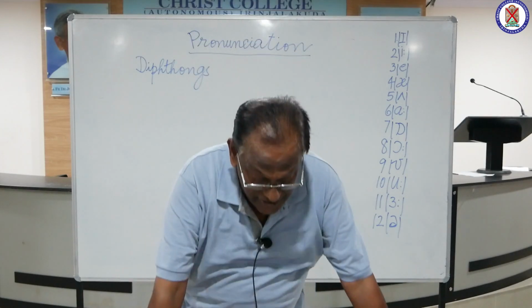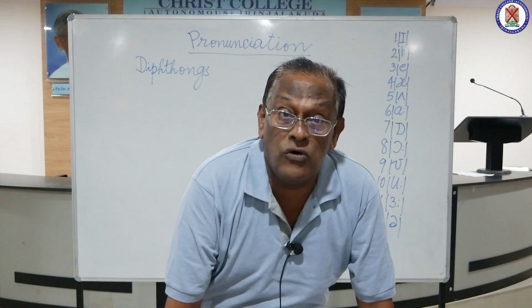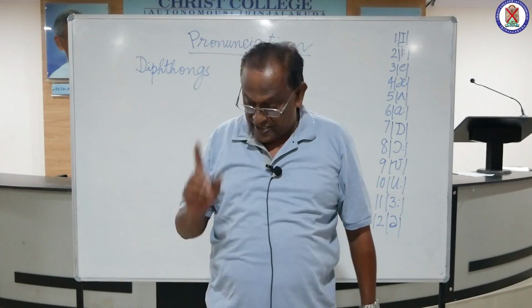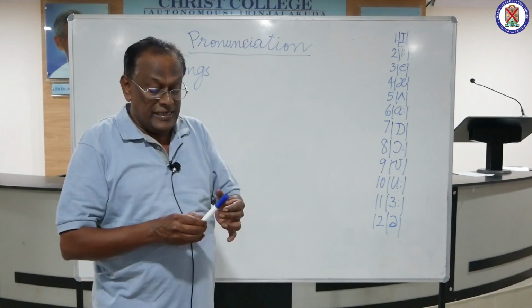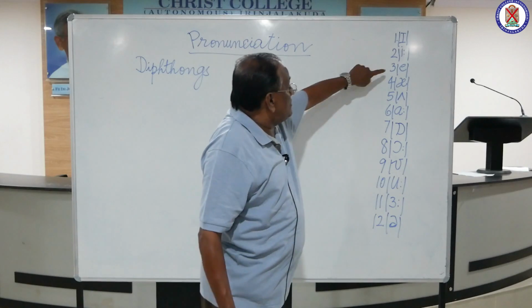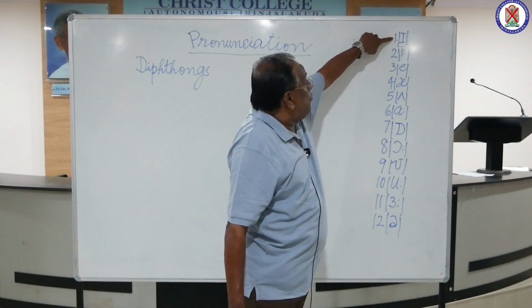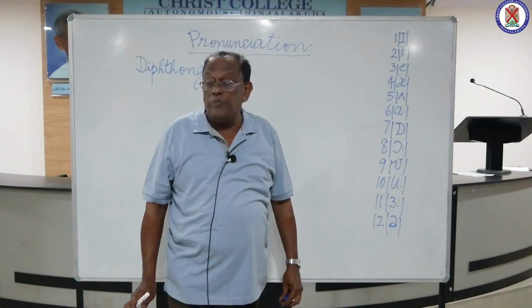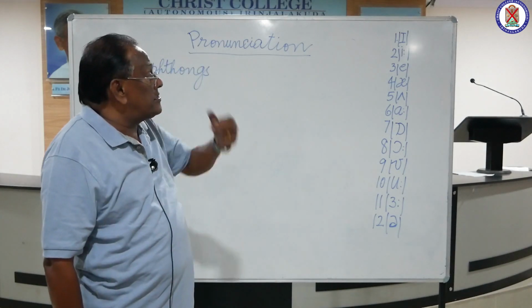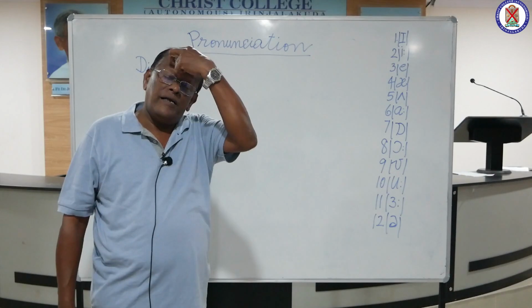Now the first diphthong we are going to learn, that is the symbol and the sound produced by it, is actually a combination of number 3 and number 1. What would be the combination of 3 and 1?